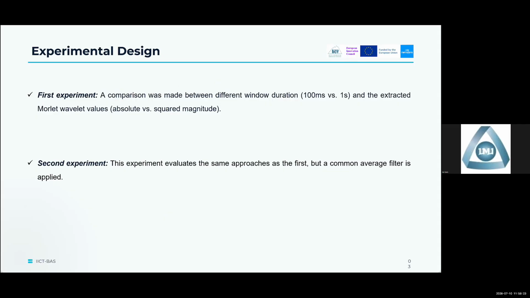It's important to mention that in case of the 1 second signal, a new 100 milliseconds window is centered around the peak of the Morlet wavelet and used for further feature extraction.